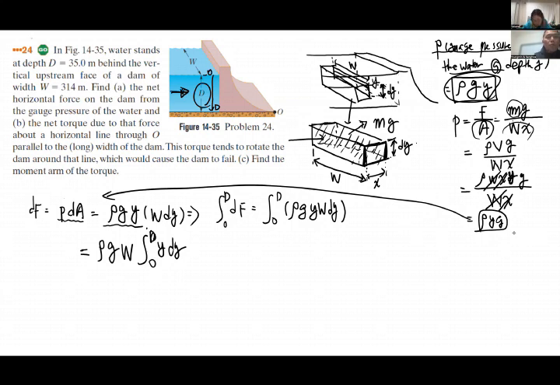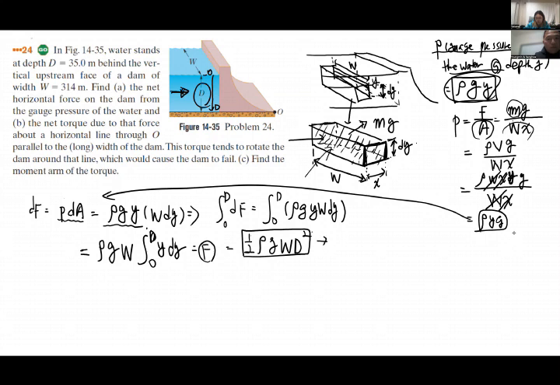That is the total force exerted on this cross-sectional area of interest. So now that is one half rho g W d squared.